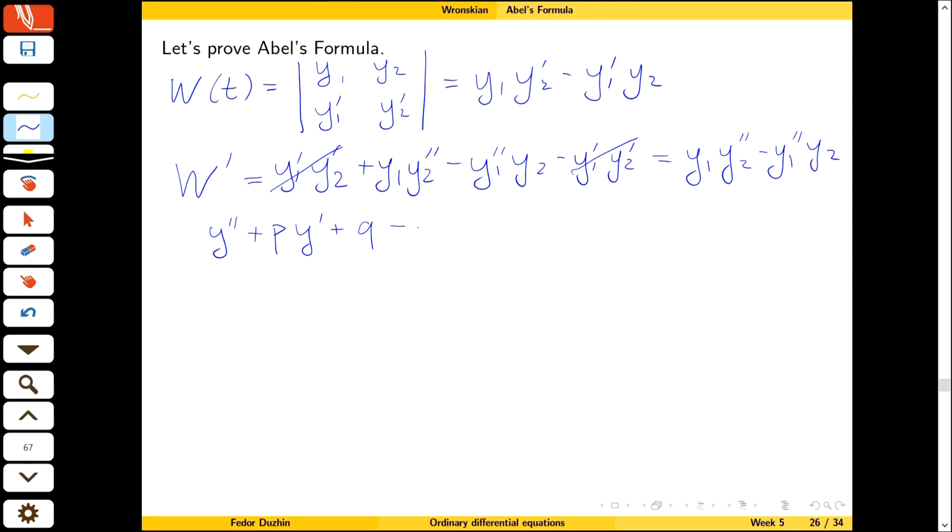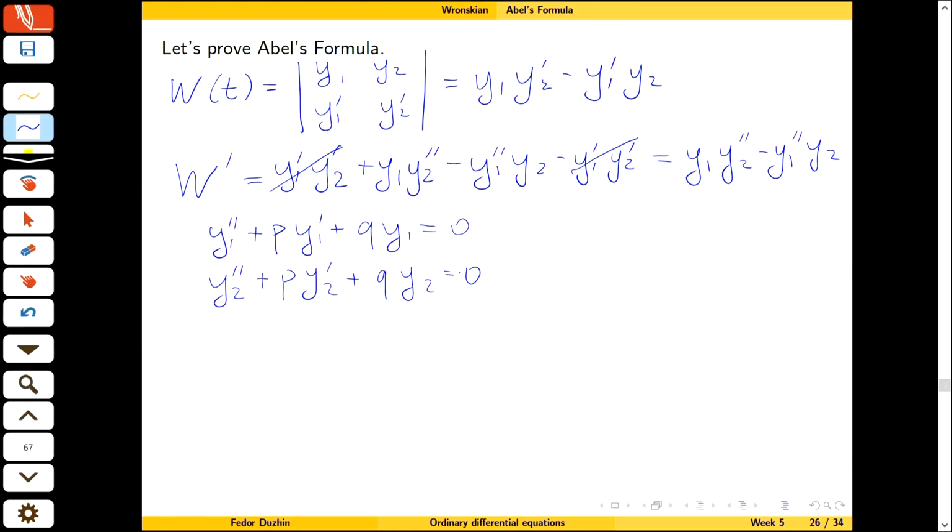So the function y1 satisfies this differential equation, and the function y2 also satisfies it. So I'll write y2 double prime plus p y2 prime plus q y2 is also 0.